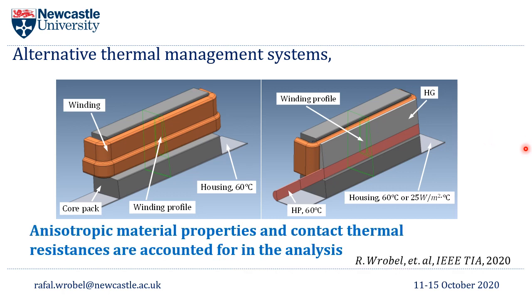Anisotropic properties of the materials and various contact resistances were considered in the analysis. We focus on the contact thermal resistances between the heat guide and winding, and then the heat pipe and heat guide, as this has an important effect on the overall heat transfer from the stator winding assembly.